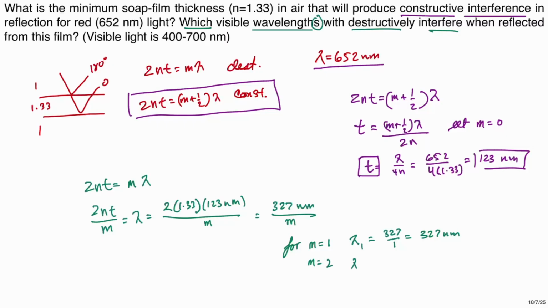For m equals 2, that's going to be 327 divided by 2. I don't know what that number is, but we are going the wrong direction, right? Because this is a number that's less than that number. And if we do m equals 3, that's less than that. We're going the wrong way. So how many times do I have to do this to figure out what the answer is?